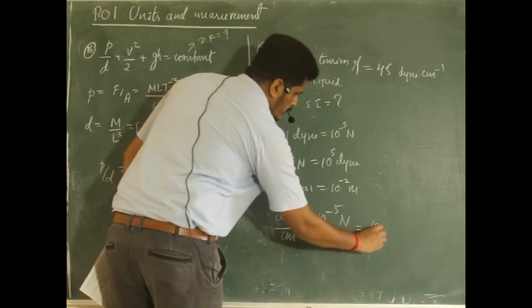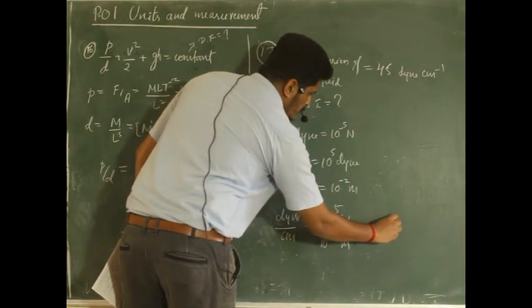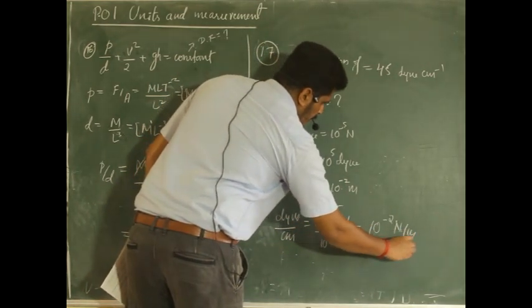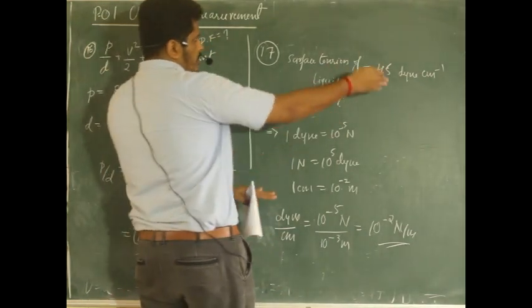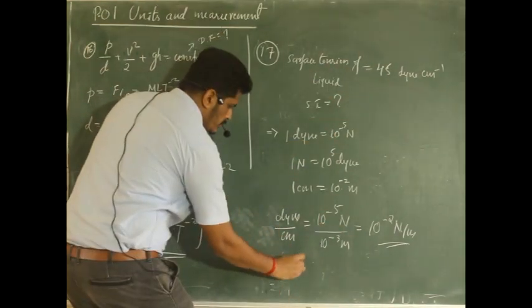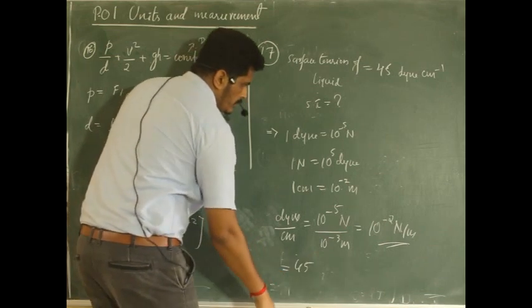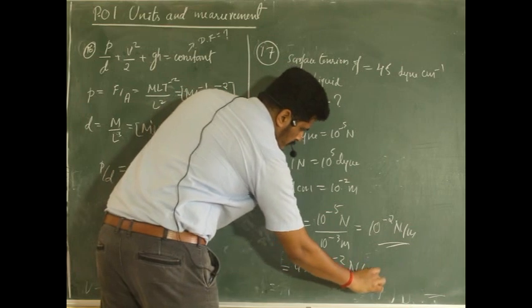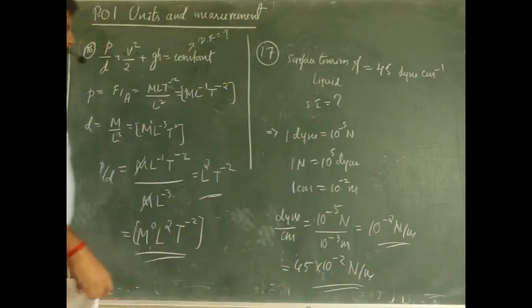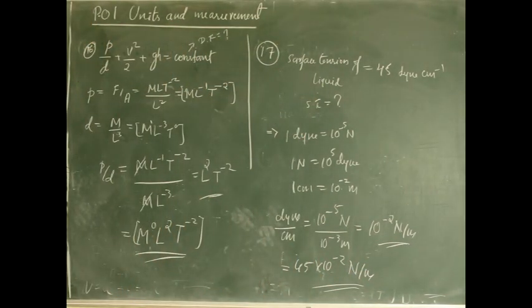That means 10 power minus 3 Newton per meter, and we got, correct? Just 1 dyne per centimeter. So right now how many dynes are we having? 45 dynes. So this is 45 into 10 power minus 2 Newton per meter. That is what we can get from this.